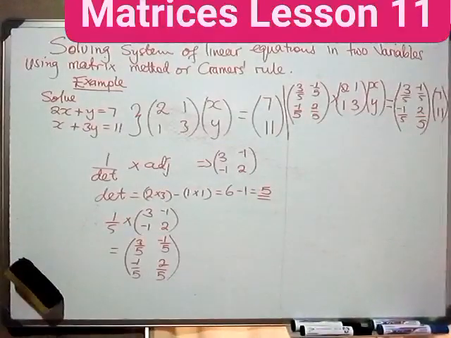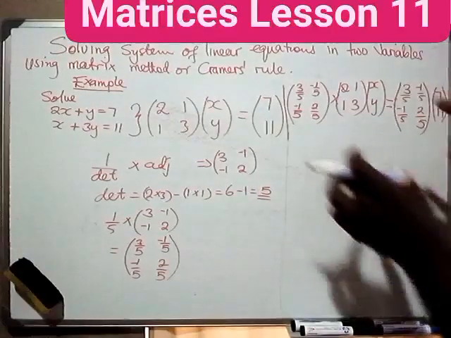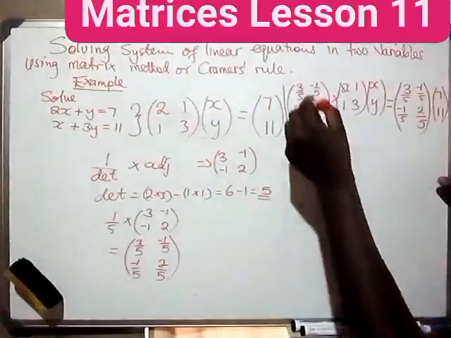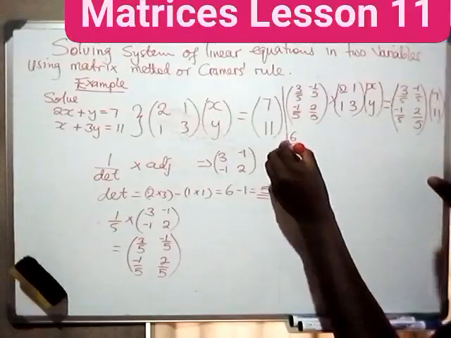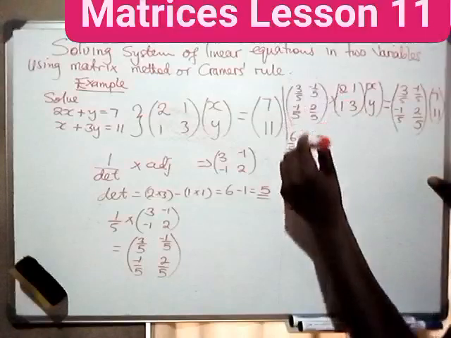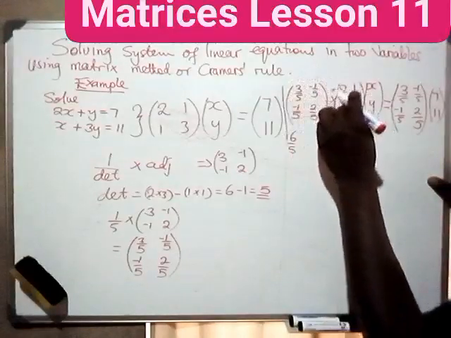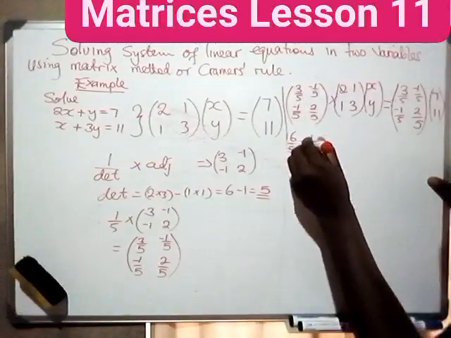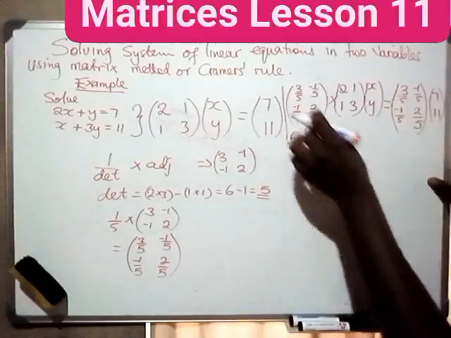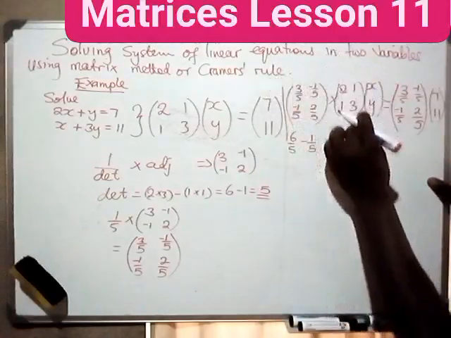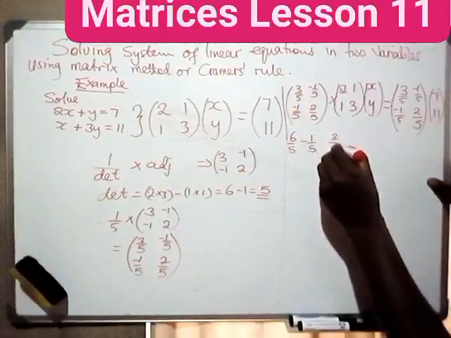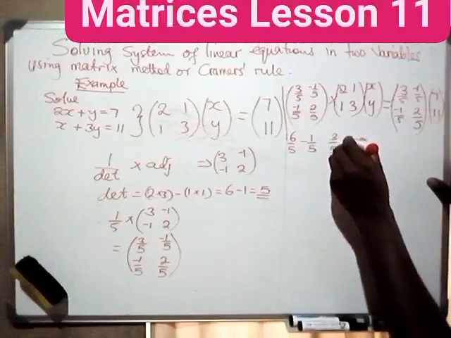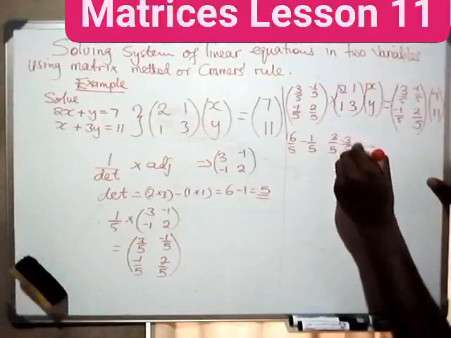So now, what is this multiplied by this? We're going to say 3 multiplied by 2, we are going to have 6 over 5. Then this multiplied by this one, we are going to have minus 1 over 5. Then we come to the same thing by column. 3 multiplied by this one, we're going to have 3 over 5, minus 3 over 5.